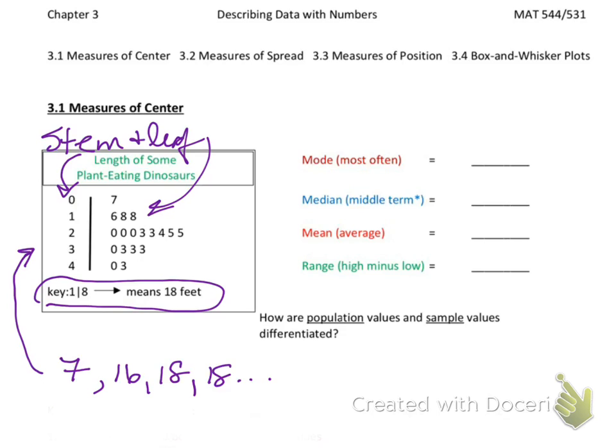There are 3 measures of center. One is mode, and mode is the term found most often. Looking at my stem and leaf chart, I see that I have 3 zeros here. That means I have 3 20s. And I have 3 3s here.